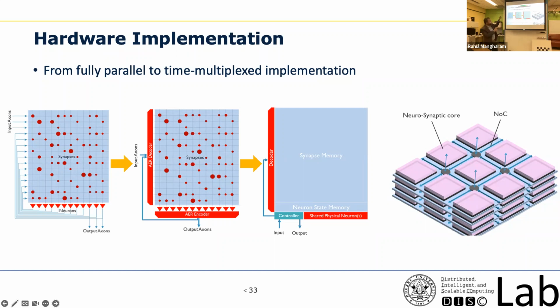Initial designs came up this way. There is a certain set of inputs going into this array and a certain set of outputs coming out of this array, which mimics input axons and output axons. And the neurons in this red block are feeding back into themselves, so it's a kind of feedback or loop connection.